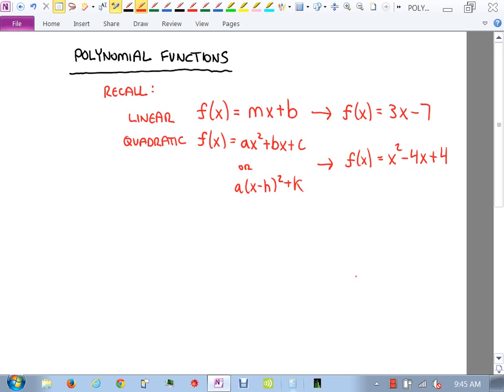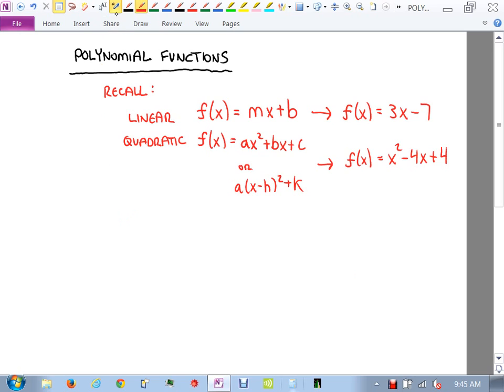That's an example of a quadratic function, right? How do we graph quadratic functions? Well, you figure out if it's in standard or non-standard form, right? If it opens up or down, vertex, quick sketch, x-intercepts or not, y-intercepts, sketch, right? So we have the steps for that. That should be fresh in our minds.